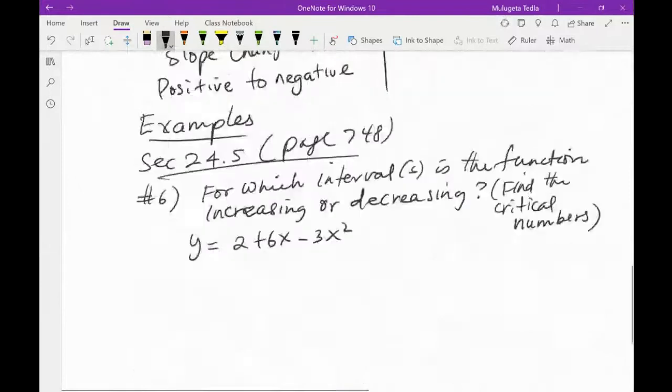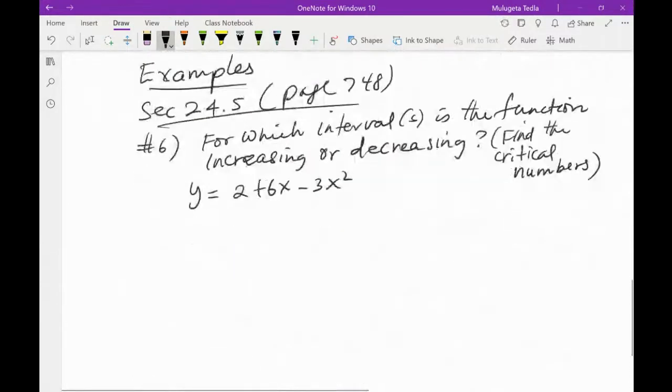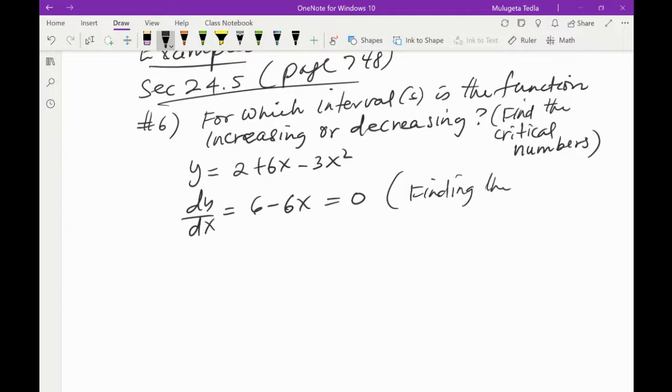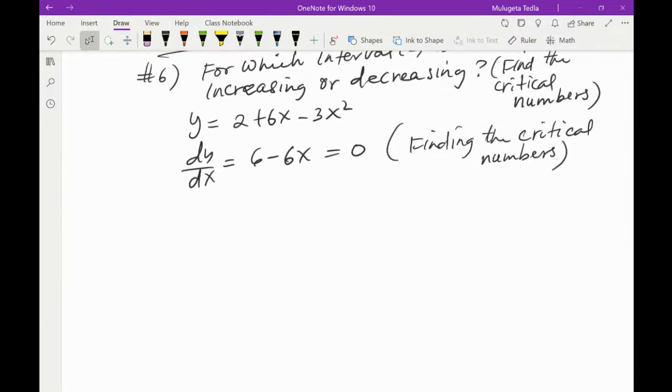Okay, but before you do the increasing and decreasing, it's better to take the derivative dy by dx, which is f prime of x, which is 6 minus 6x. You should get the critical numbers. This is finding the critical numbers. This is step 2. They are all connected. So finding the critical numbers is setting the derivative equal to 0.